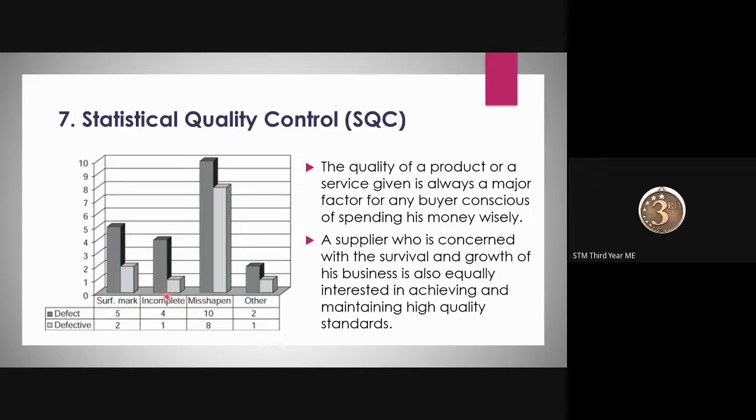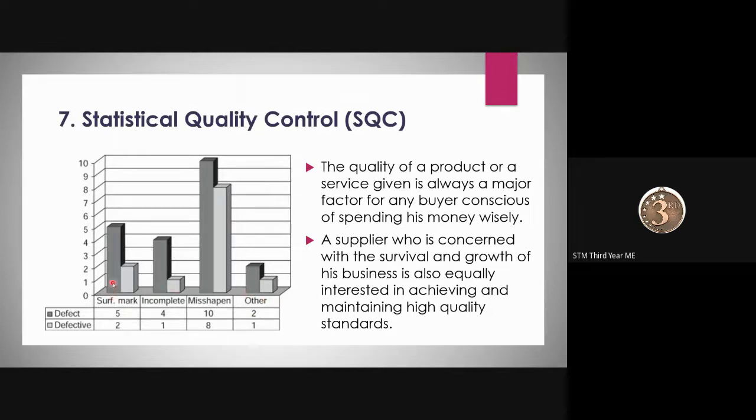Then comes an incomplete product. Incomplete in the sense a component is missing or it is not assembled properly, and it is a work in process product. Then comes the misshapen product. Misshapen means the shape is different. And last, the other category.